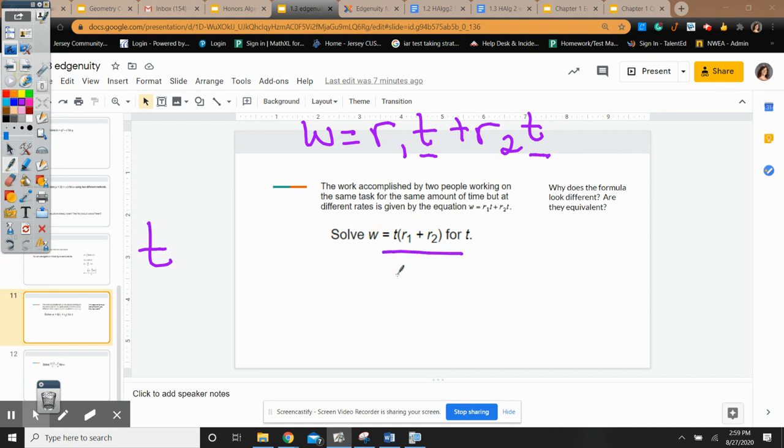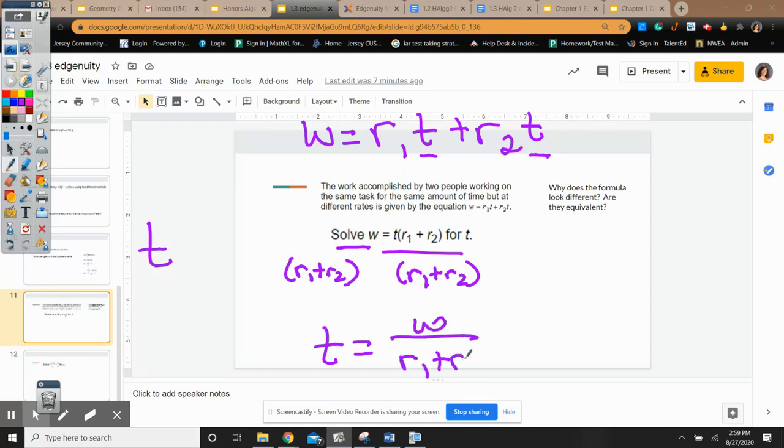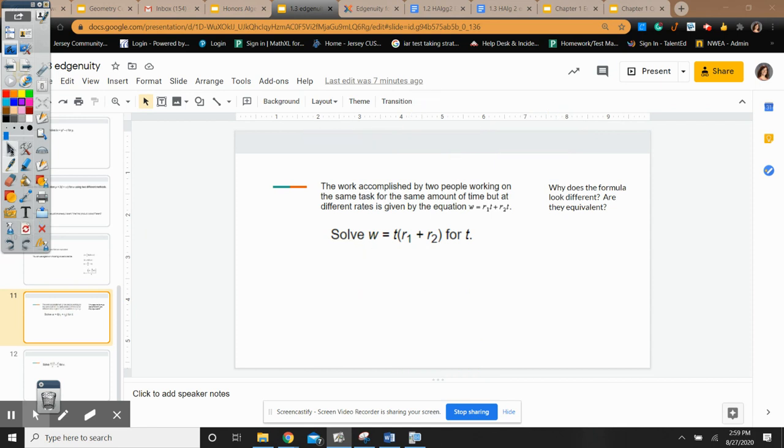If you divide both sides by that quantity, then you get t equals W over R1 plus R2. So it started like this, and they had to pull out the GCF so that they could divide both sides. If what you're looking for shows up more than once, that is what you will have to do.